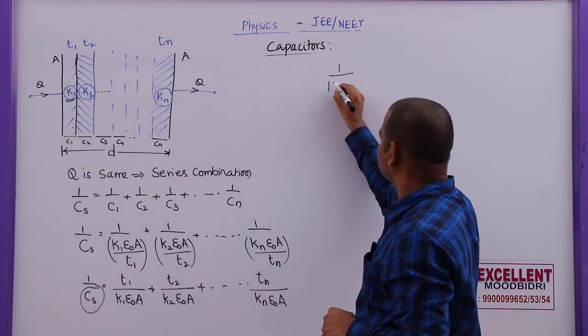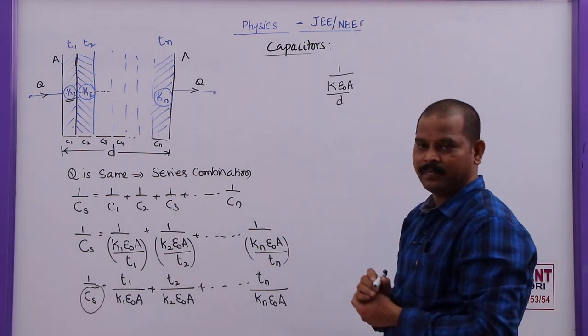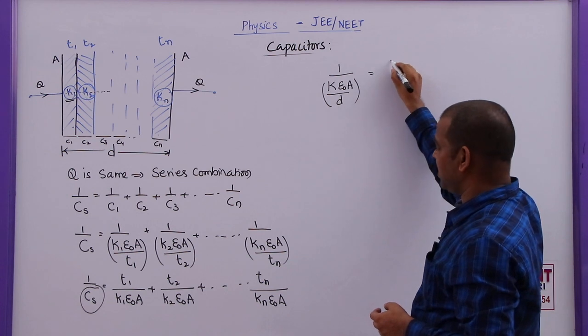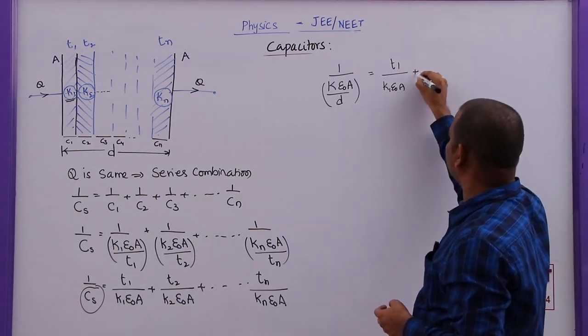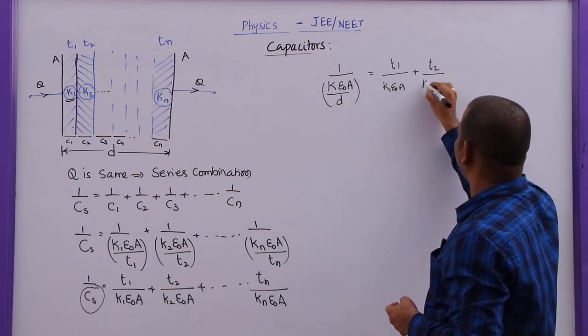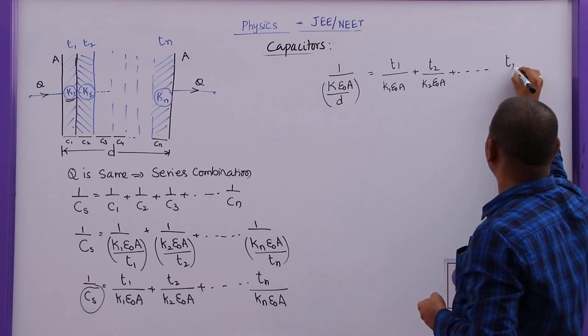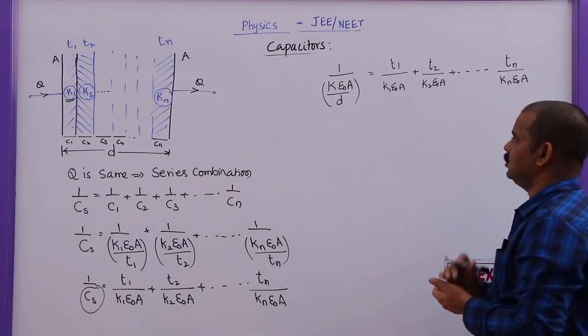So, I am writing this as K epsilon naught A by d. This is the total capacitance of this combination, which is given by T1 by K1 epsilon naught A, T2 by K2 epsilon naught A and so on, Tn by Kn epsilon naught A.